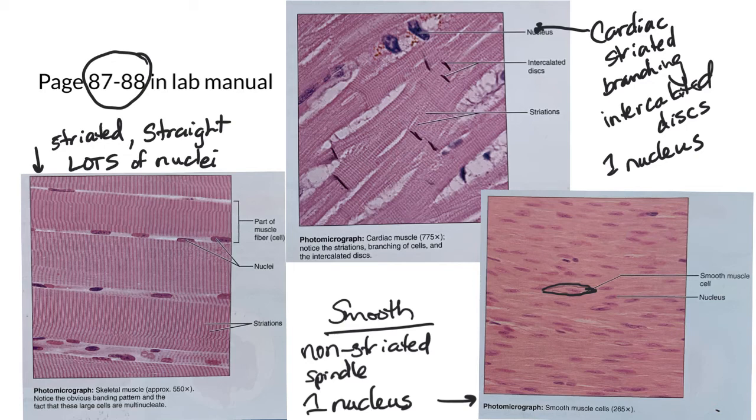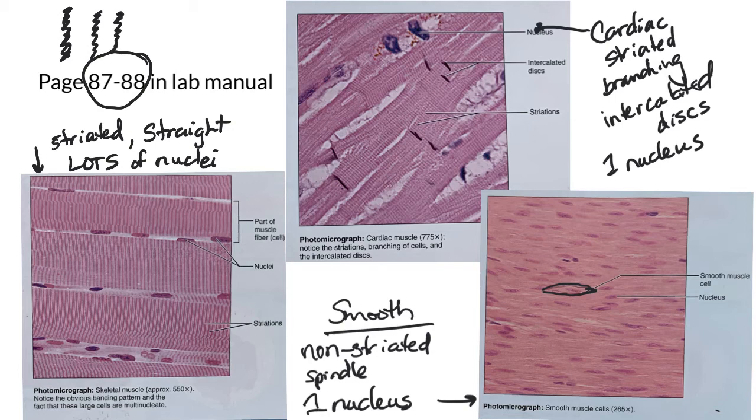I forgot to mention on the previous slide, but the striations go back to the sarcomere. Because remember we had thick and thin? Well, the Z line is going to be dark. But then you just have actin. And then you have a zone of overlap. And then you have the H zone.